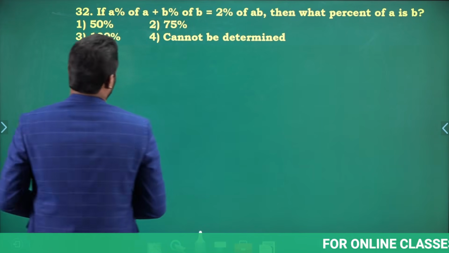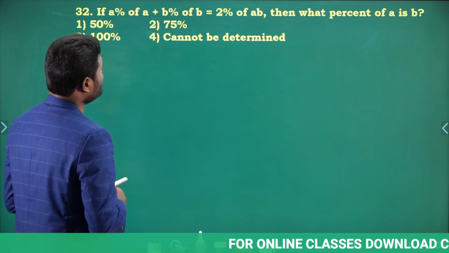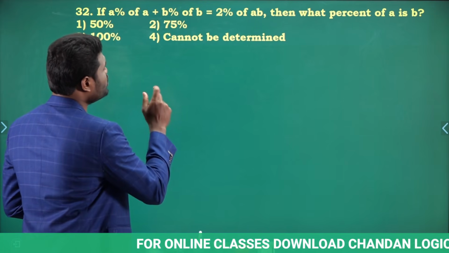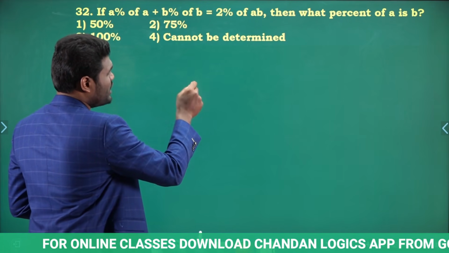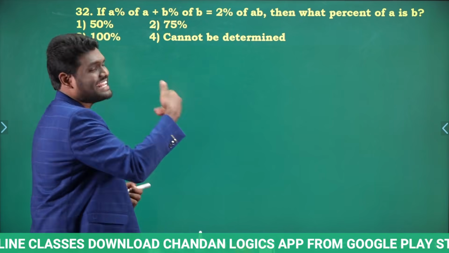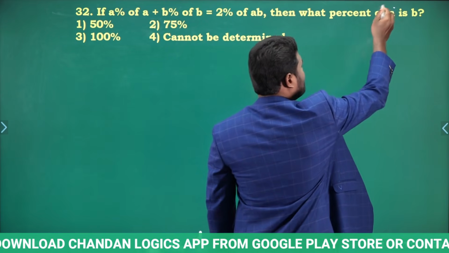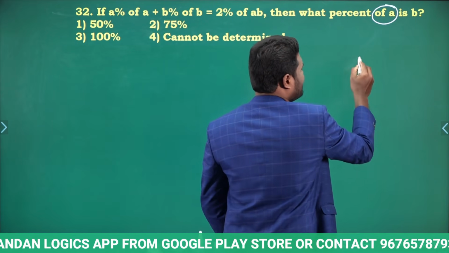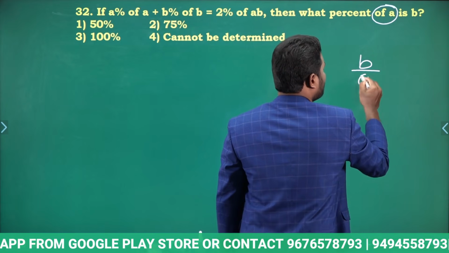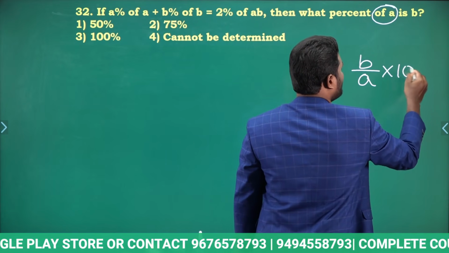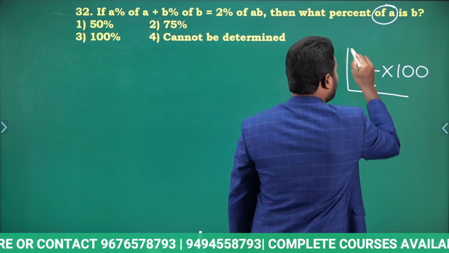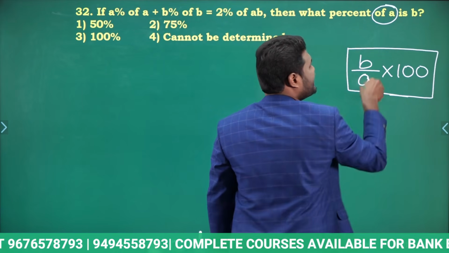If A percent of A plus B percent of B equal to 2% of AB, then what percent of A is B? If you observe here, what percent of A is B means even now you need to calculate B by A into 100. Why? Because whatever is going to come after "of" should be in the denominator.